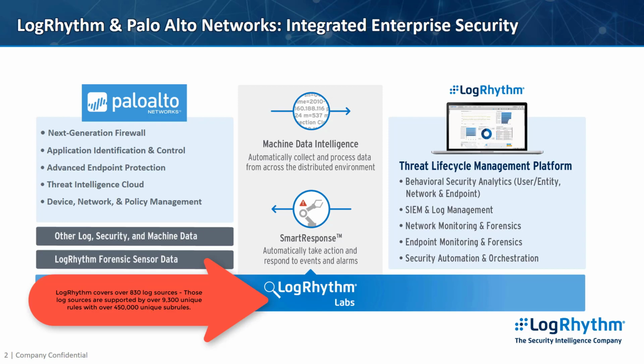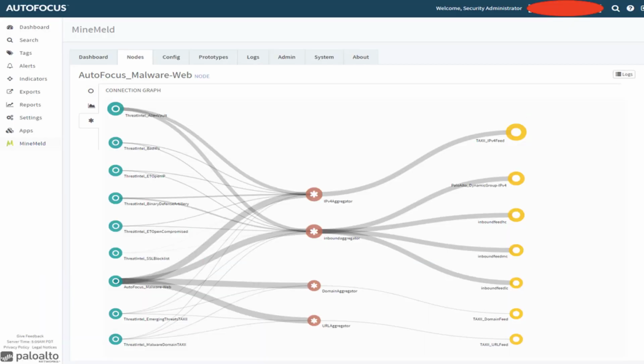Now, I shared this slide because I think it's an interesting use case and worth mentioning. This is an actual screenshot from a LogRhythm customer who uses Palo Alto extensively. They are using Palo Alto's AutoFocus to bring in high-value known threats supplied from their over 45,000 customer base, and then use a third-party tool called MindMeld to aggregate those feeds.